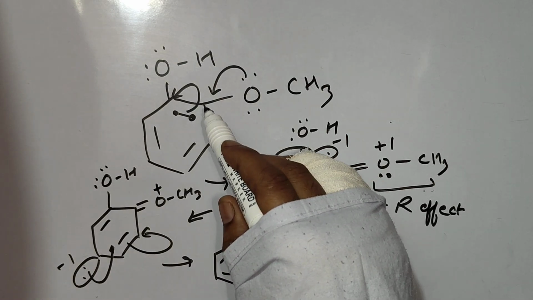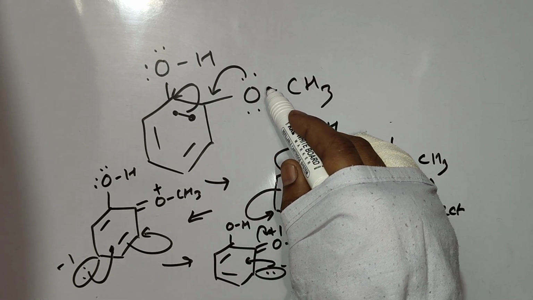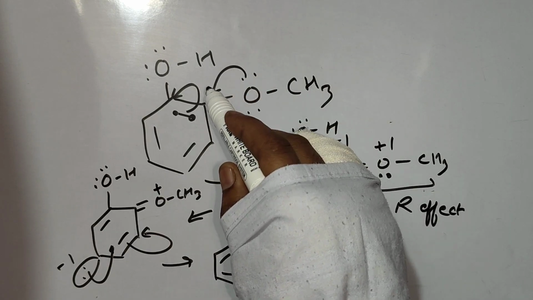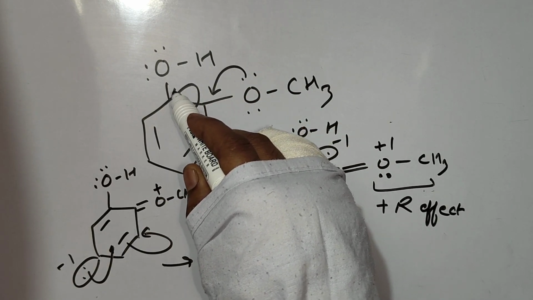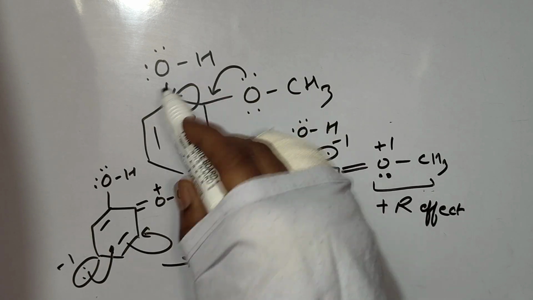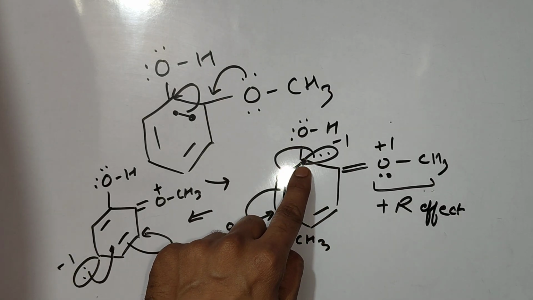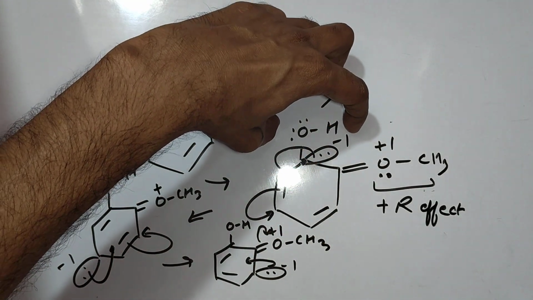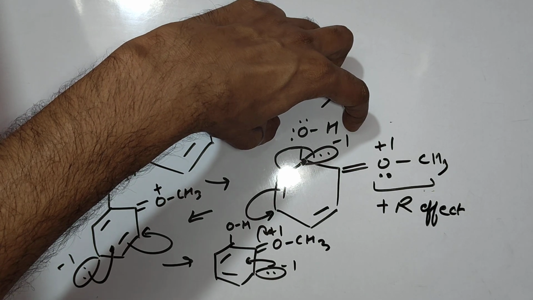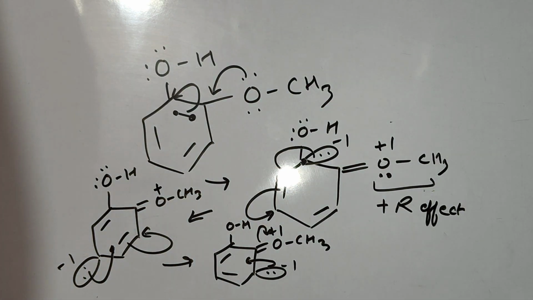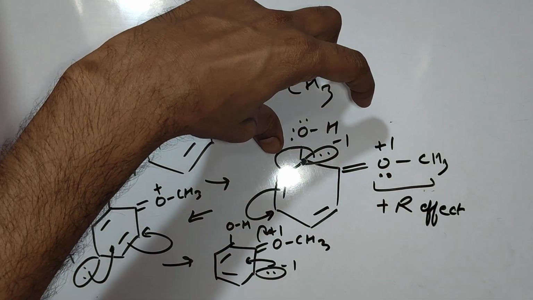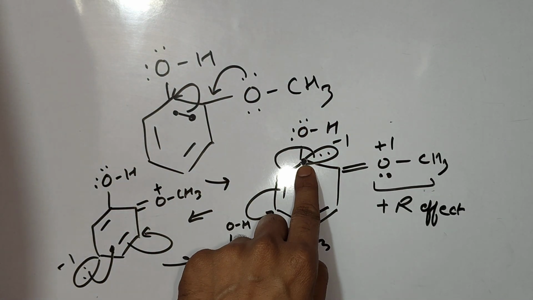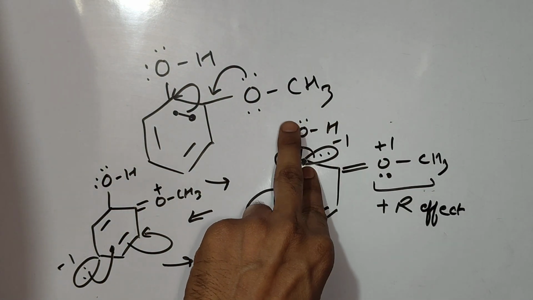Look, it was on ortho position and it has shown the resonance. The electrons are directly coming on the carbon to which OH is connected. You can check. So obviously these electrons will affect this OH. Obviously these electrons will affect the acidic nature of OH group.